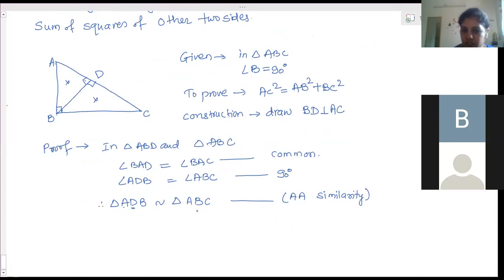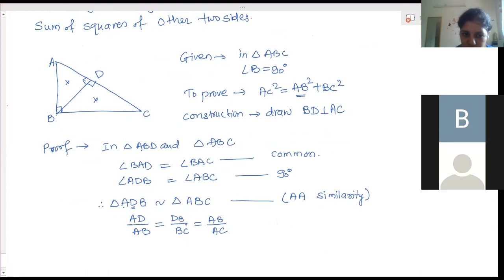So now these two triangles are similar. Take CPST, that is the side ratios. AD by AB is equal to DB by BC is equal to AB by AC. Now we need AB square in this one.